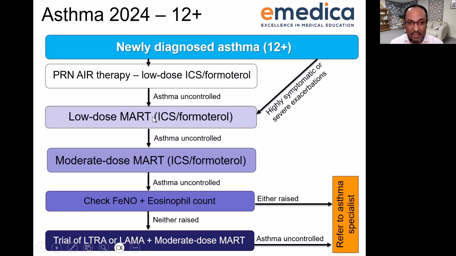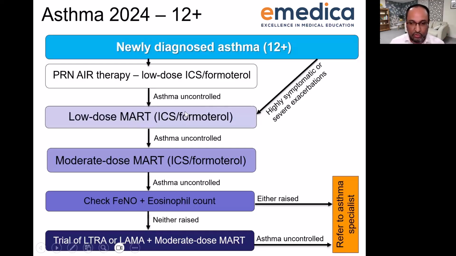Basically, it's the same inhaler, but now they take it every day, regularly. And if they get short of breath, they take a few extra puffs of the same thing. So what's in MART and what's in AIR is the same thing. The difference is AIR is a PRN option. MART you take regularly, and then also PRN, just an extra dose of the same thing if you get short of breath.